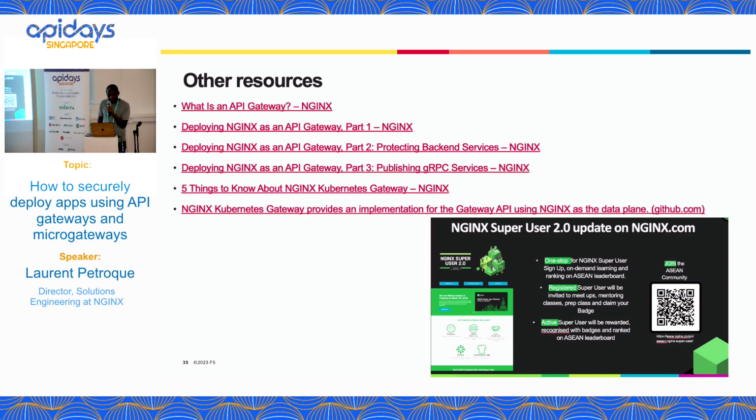And I shared another aspect on the Kubernetes Gateway API, because it's also a very interesting, innovative way to deploy an API gateway, considering that more and more of the deployments are done over Kubernetes right now. So very interesting things to read.